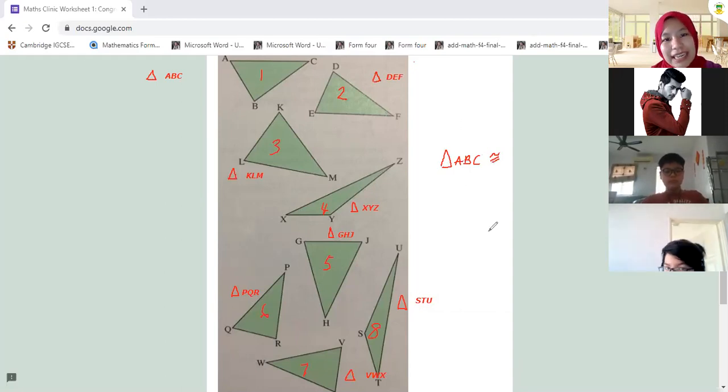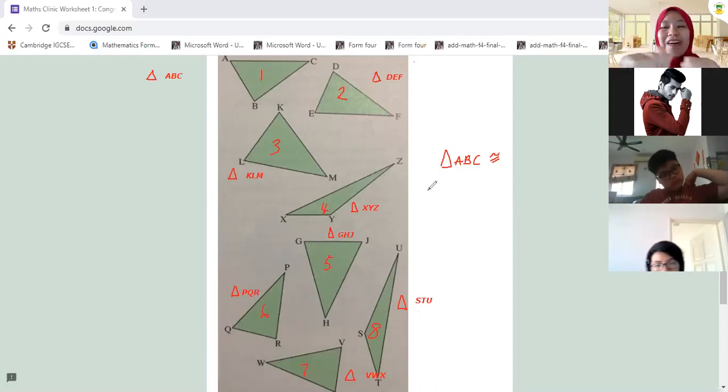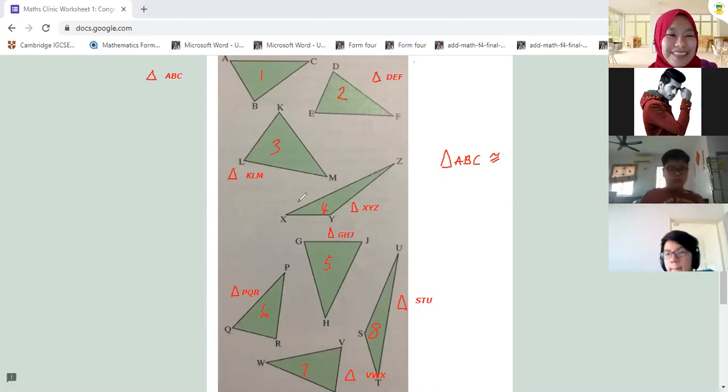Careful, those who answered GHJ, are you sure it is GHJ? Okay, are you sure? Actually, if you have a hard copy, it will be easy for you because you have rulers. Since we don't have much, maybe you can place the ruler on your screen. Correct. It is DEF.